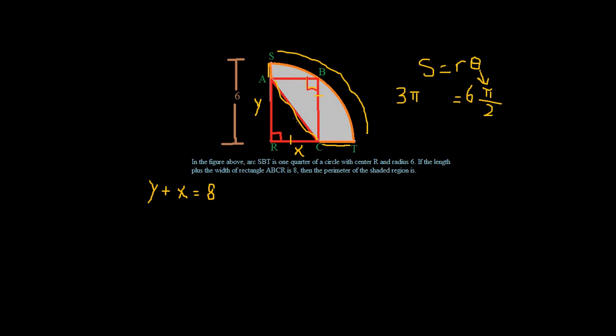And we know that these two rectangle lines are parallel, so this angle must equal this angle. So they have two angles that equal each other and the same side, so we know that these two triangles are equal to each other.